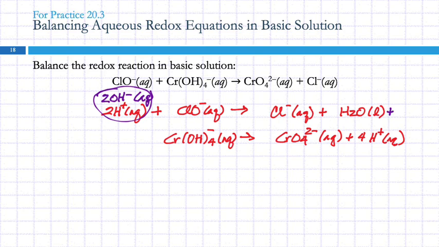And then I have to do the same thing to both sides to keep it balanced. So together this becomes 2H2O. I'm going to write it over here because I happen to have space. 2 of them. Down here I have 4 hydrogen ions on this side, so I'm going to add 4 hydroxide ions to each side.